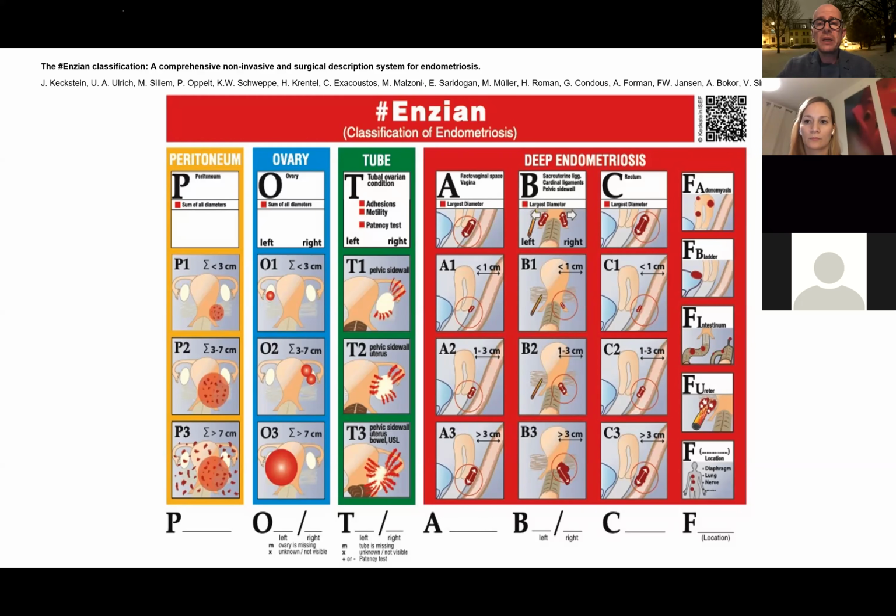So T1 is going to stand for the adhesions between the tube and the pelvic sidewall. T2 are going to represent adhesions between the tube or ovary and the pelvic sidewall and uterus. And T3 is going to be the situation where the tube and the ovary would be attached also to the bowel or to the sacrouterine ligament.